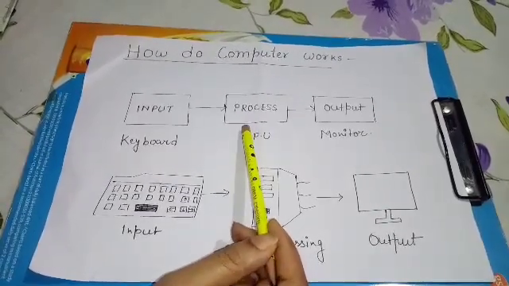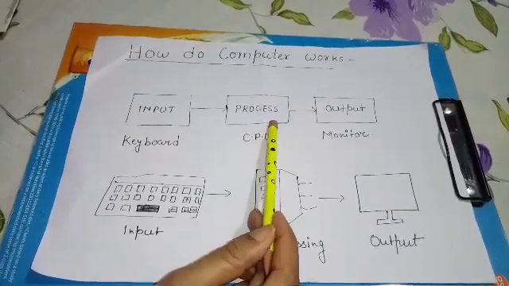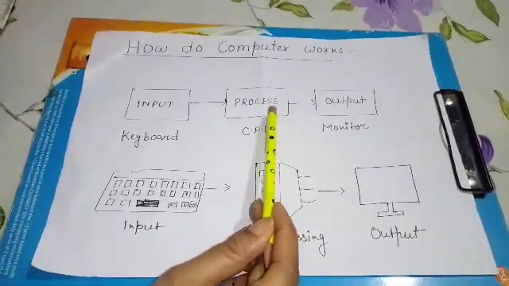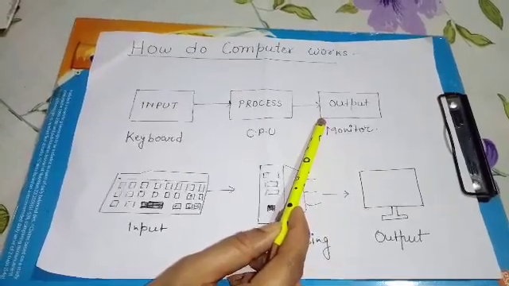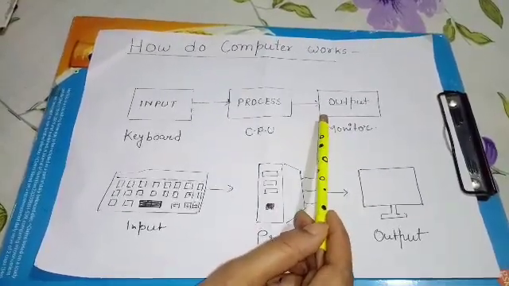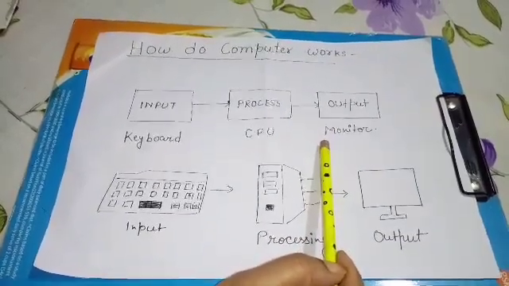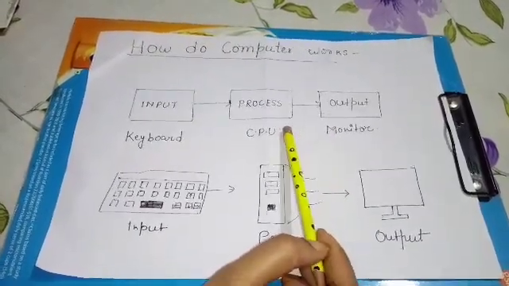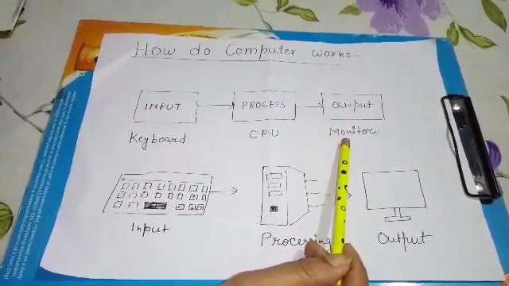In CPU, it gets processed and it will change into the information. That information goes to the output box. And you already know our output device is monitor. So we get our information after processing through monitor.